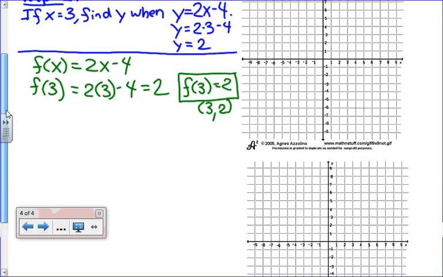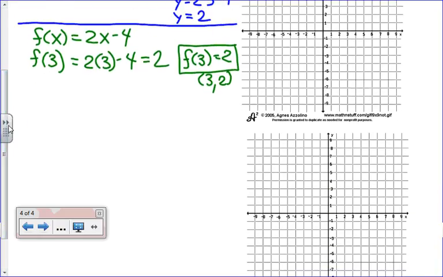Let's try that again. Same function. This time I want you to find f of negative 2. Go ahead. Use the same letter. Just clean up with the value.